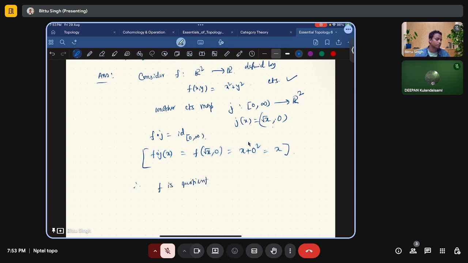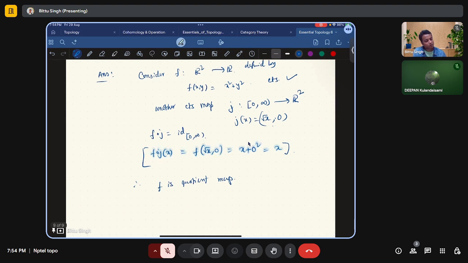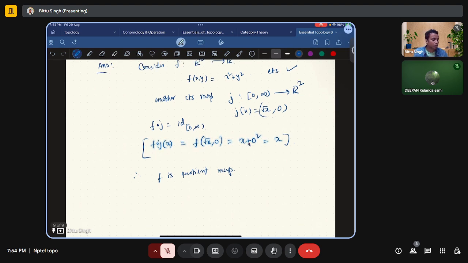Quotient map. Right? F is a quotient map. Then from the discussion, we know that if F is a quotient map, then it factors through the relation, right?